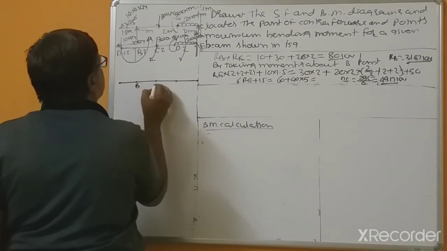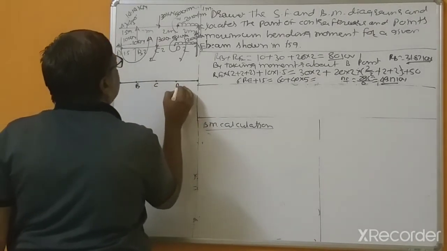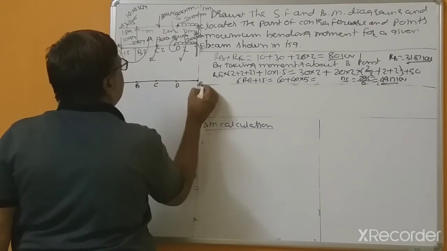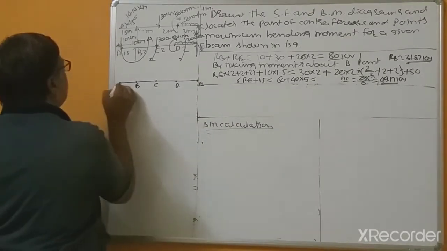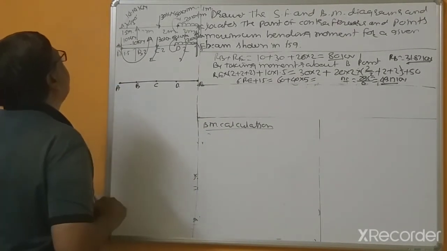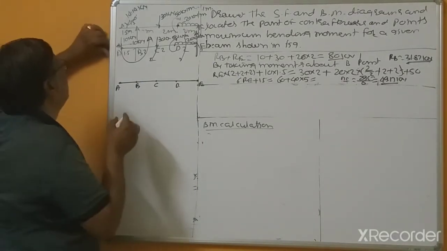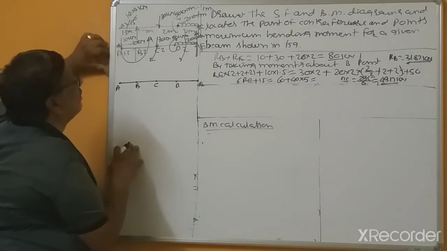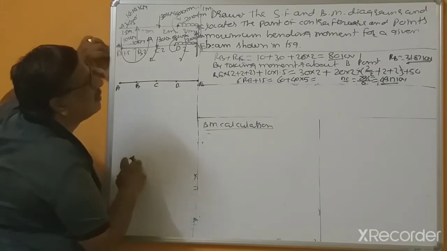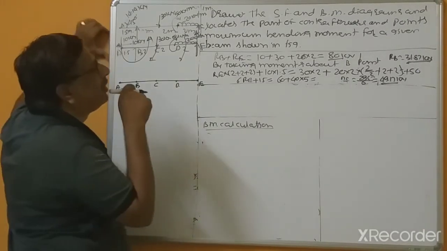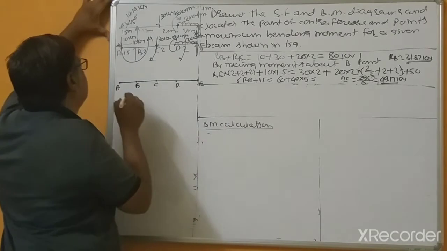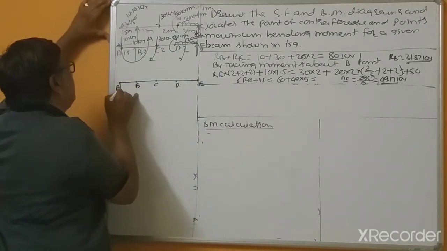B point, C point, D point, E point, A point. Now this 10 kilonewton downwards, this is 10 kilonewton.